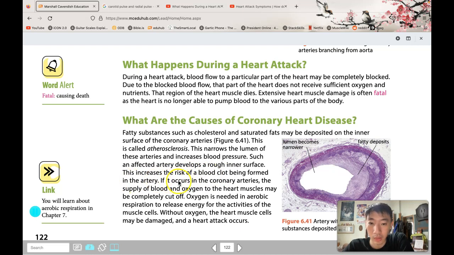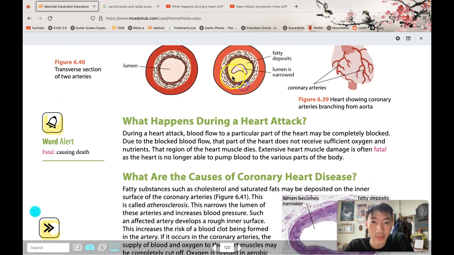And why does this happen? Okay, so imagine, right, that there's all these fatty deposits, right? Even though the lumen is narrow, there's still some blood flowing through. But imagine one day suddenly this whole thing bursts and collapses, right? When there's a burst, our platelets will come in and they form a blood clot. They form this blood clot and it completely jams up the entire thing. So now this whole thing is completely blocked, 100%, and nothing can flow through.